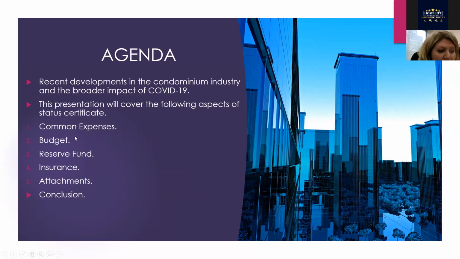So then I want to know the budget. I want to know the reserve fund. Why do I want to know the reserve fund? Because I want to know if the condominium has enough money to make project renovation construction. If it doesn't have enough money, the reserve fund has to be increased. And the first thing that will be increased will be the common expenses.